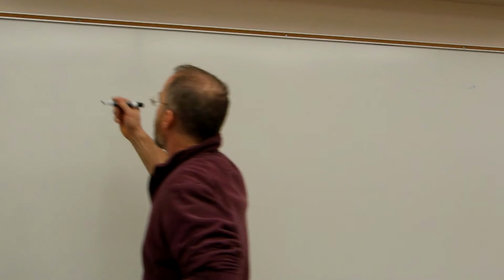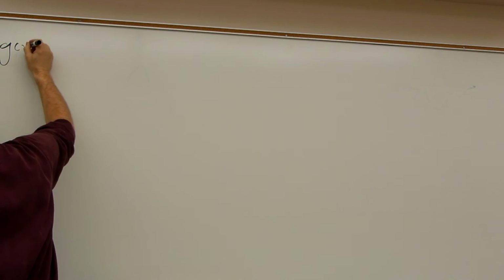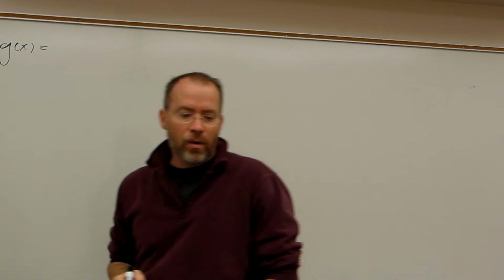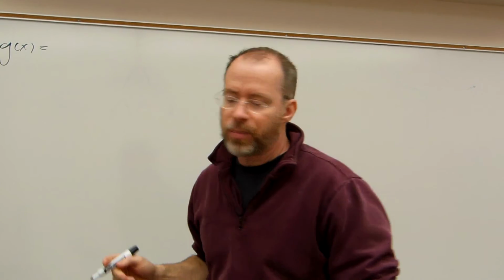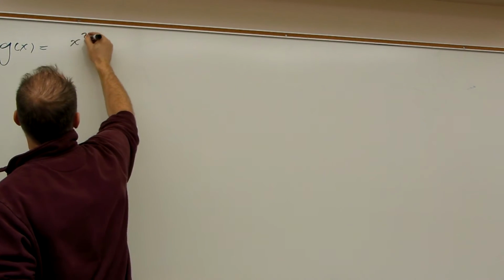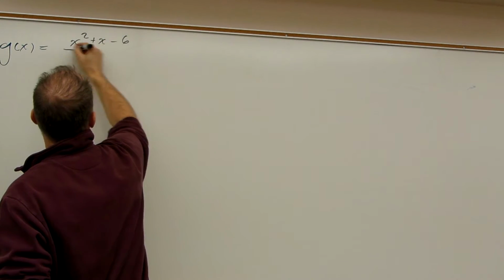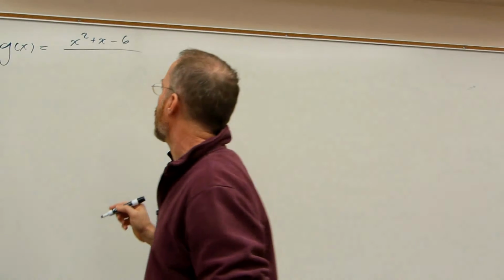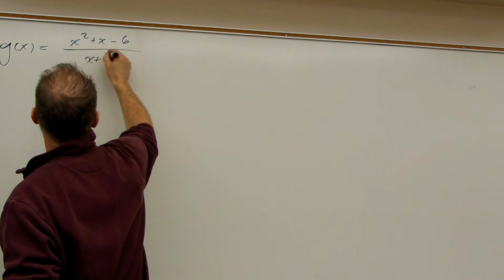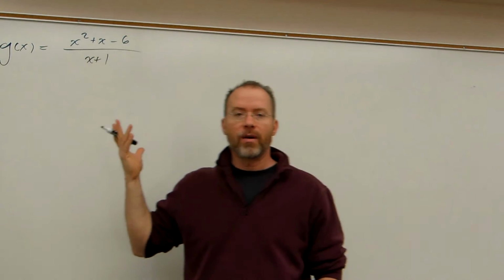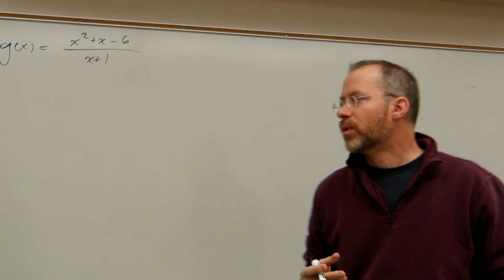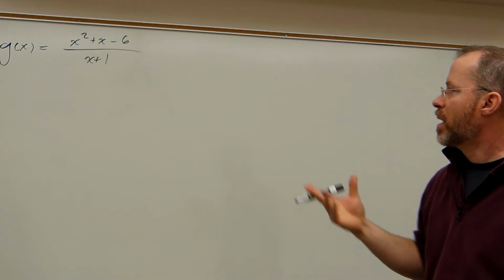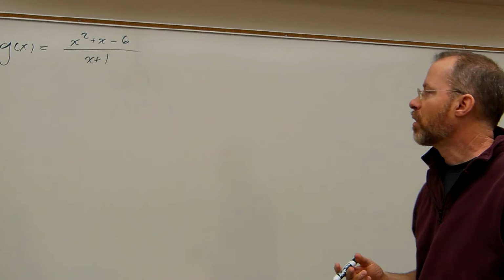Suppose I want to analyze the rational function g of x equals x squared plus x minus 6, a quadratic polynomial, over x plus 1, another linear polynomial. But here we're looking at a rational function of suitable complexity to maybe be like quite a few of the ones in your homework.